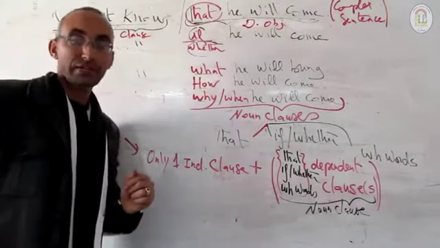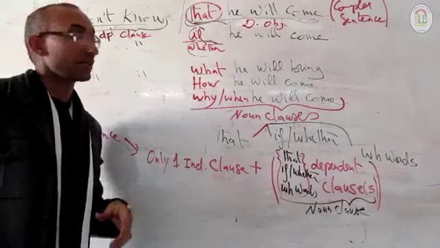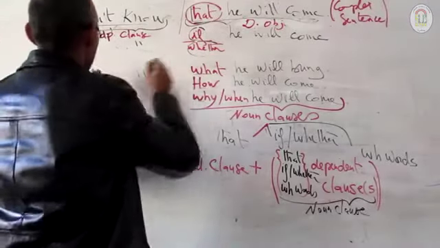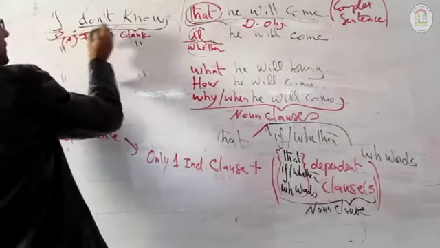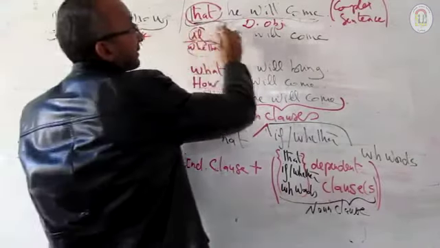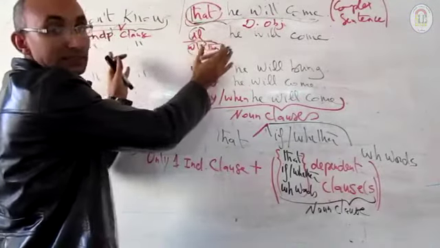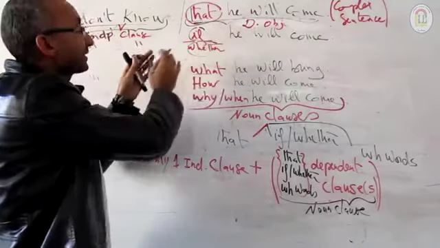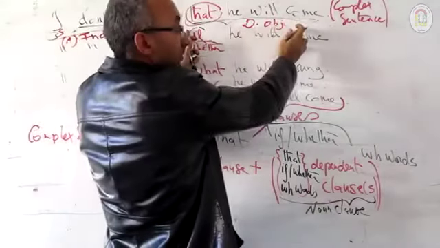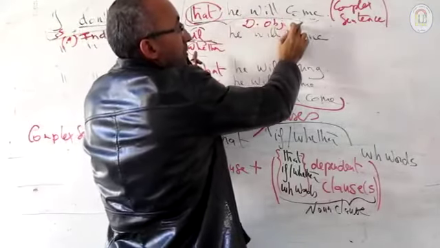However, many grammarians consider that the whole sentence, as subject, verb, and direct object as it is, represents what? The independent clause. And only this part represents what? The dependent clause.